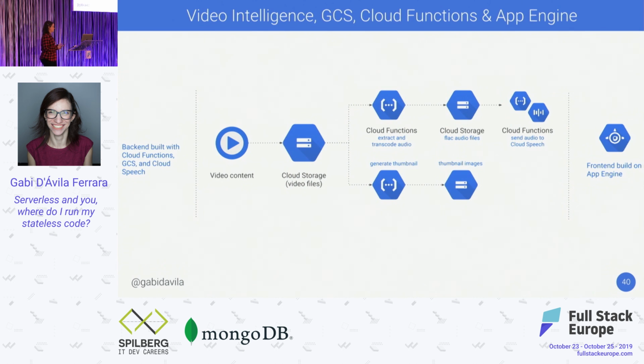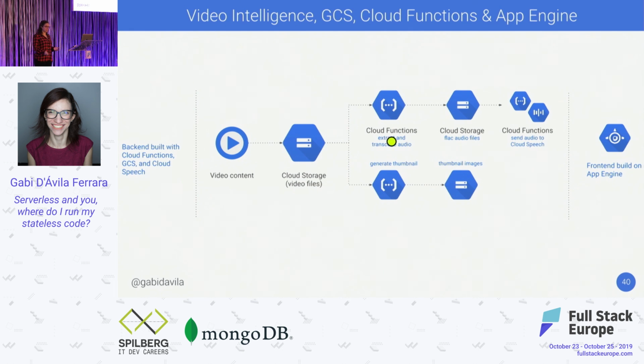What is the architecture of that? Actually, it uses Cloud Storage, Google Cloud Functions, and App Engine. So I have the video content, and I want to upload that video to Cloud Storage because it's easier to get the API running from Cloud Storage. Then I create two processes. One generates a thumbnail, which you saw on the page, and I store that also in Google Cloud Storage.